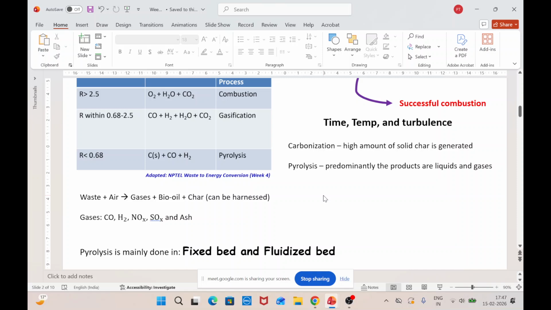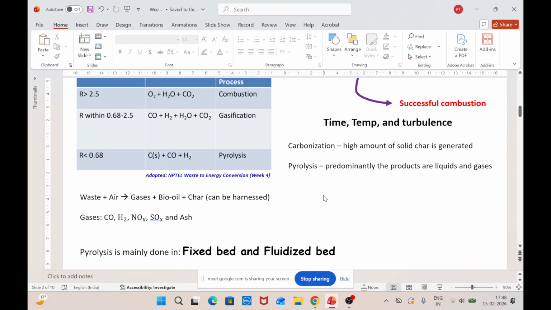So that we can easily evaluate how much energy, what type of gases and their proportions can be calculated. And it is not just about making our lives easy, but also the uniformity of the process will be increased, and you can get better efficiency in combustion, gasification or pyrolysis. So we make the feedstock uniform in nature. And how are you going to do that?